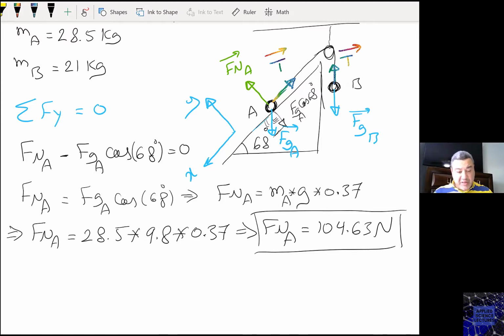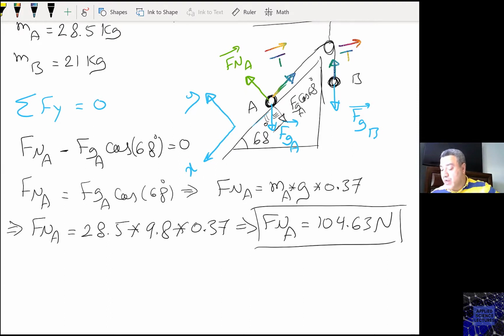The accelerations for box A and box B are equal in magnitude, and so are the tensions acting on each box. You will have two equations and two unknowns. So how do we solve this problem? Relying on the tension being the same and being able to write Newton's law equation for each box, I will be getting two equations.